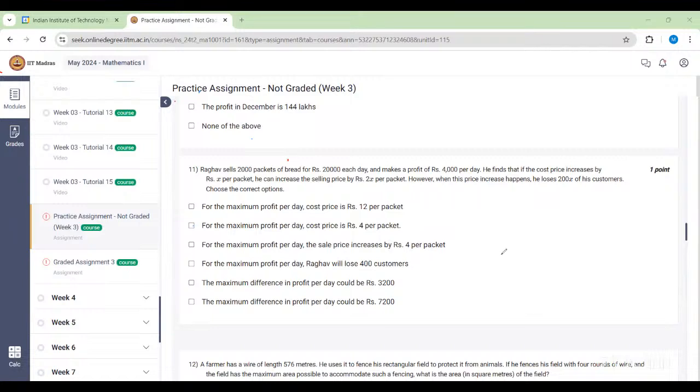No, ma'am, I just want to know how to form the expression. Okay, so Raghav sells 200 packages of bread for 2000 each day. So that means if he sells 2000 packets, he will make a profit of 20,000. Sorry, 20,000 will be the selling rate and 4,000 is the profit, and this is all per day.